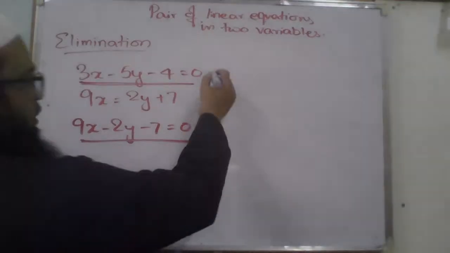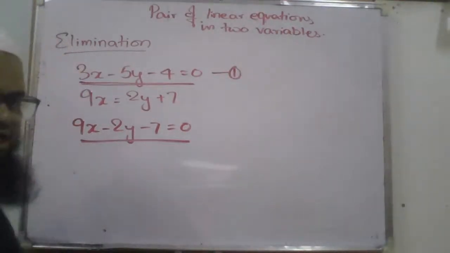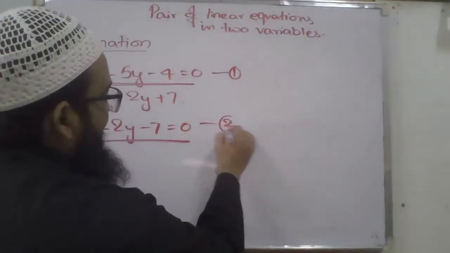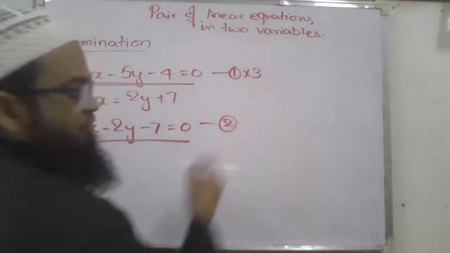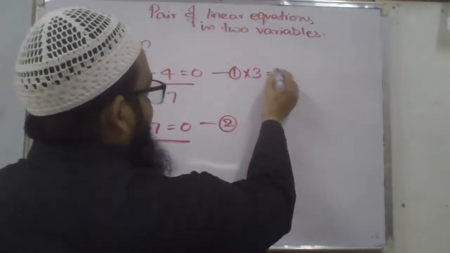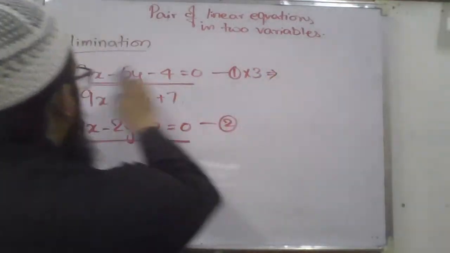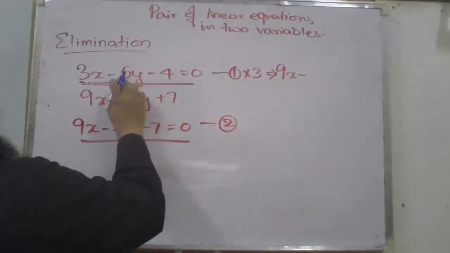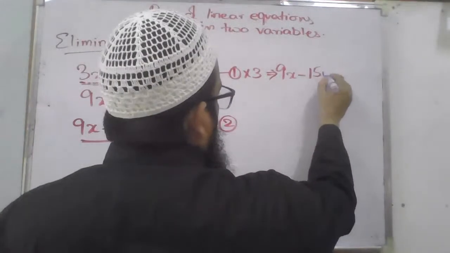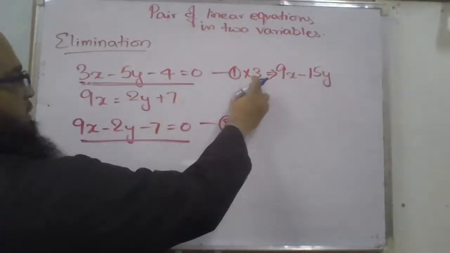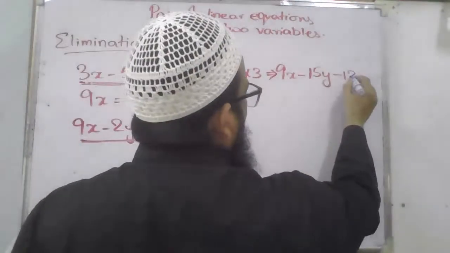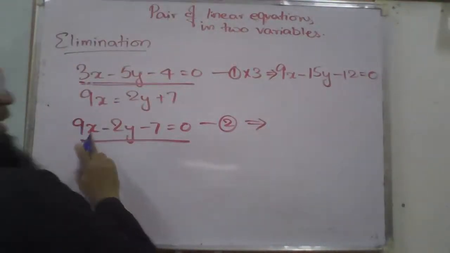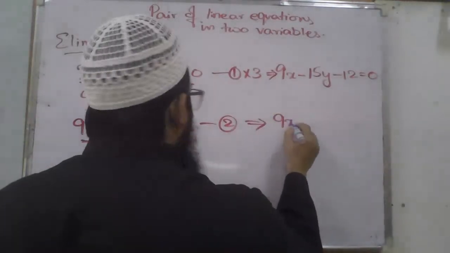So if I multiply with 3, I don't have place, that's why I'm writing side by side. So multiply the first equation with 3. What happens? 3 into 3, 9x, minus 3 into 5, 15y, minus 4, 3 into minus 4, minus 12 is equal to 0. And here you have already, don't do anything because they are already equal.